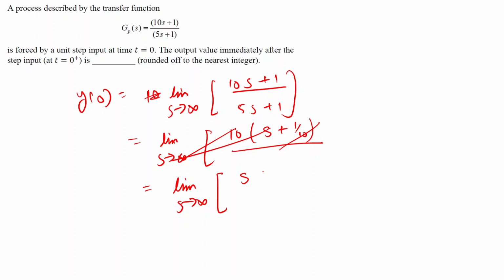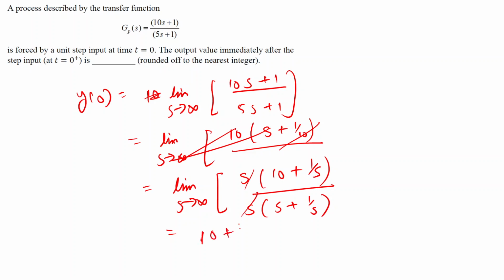So s will get cancelled out, and it will be 10 plus 1 upon infinity upon 5 plus 1 upon infinity. So 1 upon infinity will be 0. So 10 upon 5 is equal to 2. That is y of 0.